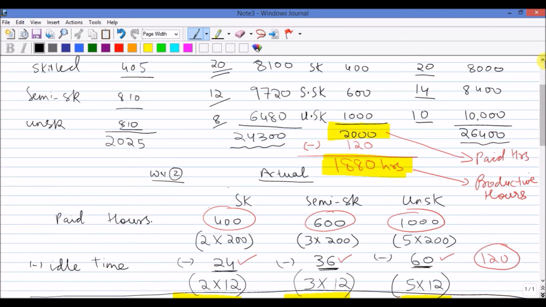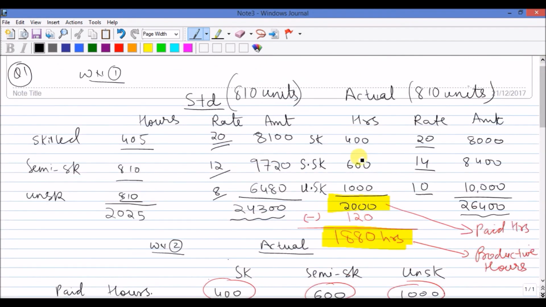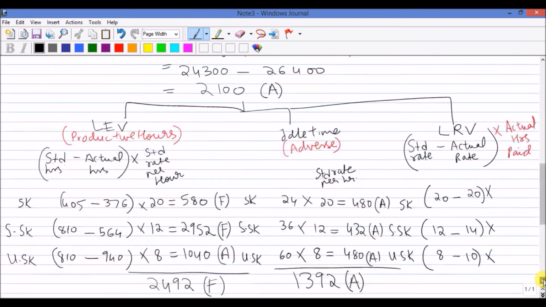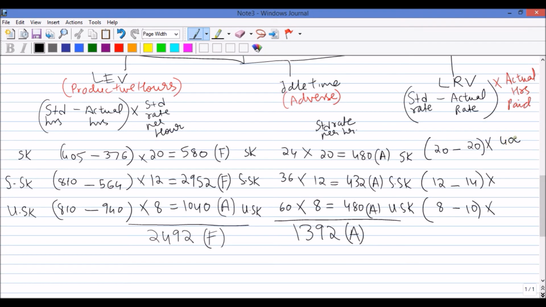So actual hours paid is 400, 600 and 1000. These are the paid hours. So here 20 minus 20 is nil. Then here it is 12 minus 14 into 600 is 1200.